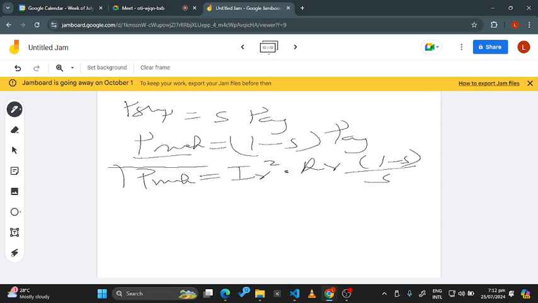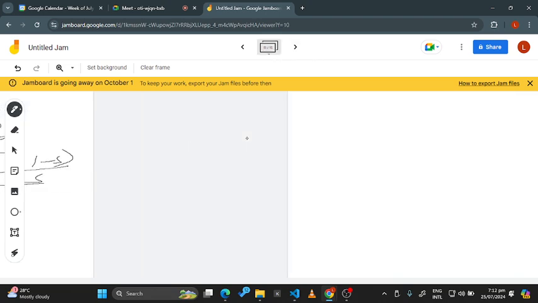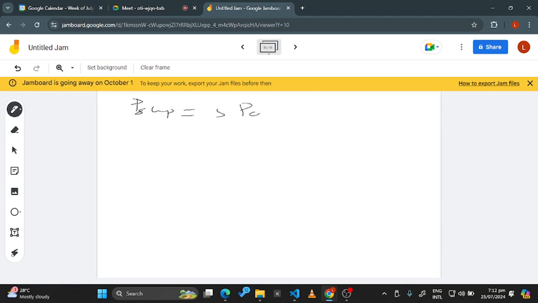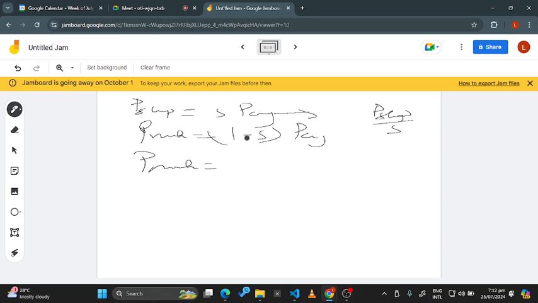There's another way we can determine this relation. We say P slip is equal to S times P air gap, and P mechanical is equal to (1 minus S) times P air gap. So from this relation, we can make P air gap the subject: P slip divided by S. Then the mechanical power is equal to (1 minus S) divided by S times P slip.